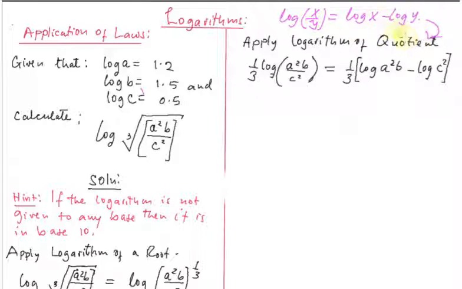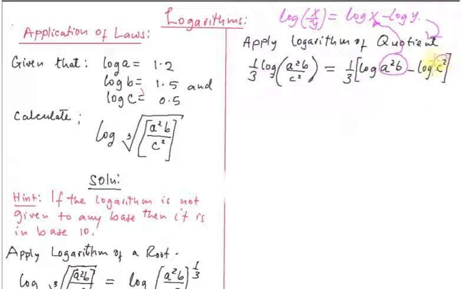So if this is the case, when you apply logarithm of quotient here, this thing here acts as our x, and this c squared here acts as our y.